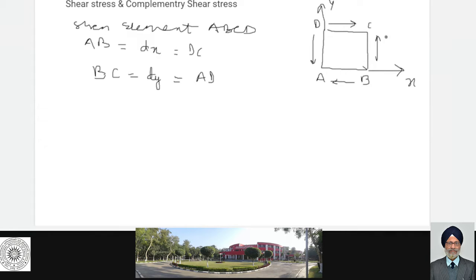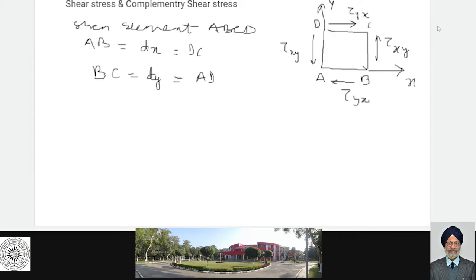Here, because it is from x direction, we will say from x to y. The magnitude should be the same, but the direction is opposite. Now this will be from y to x. So we will say tau xy and tau yx. You got it? So this is a stress element.